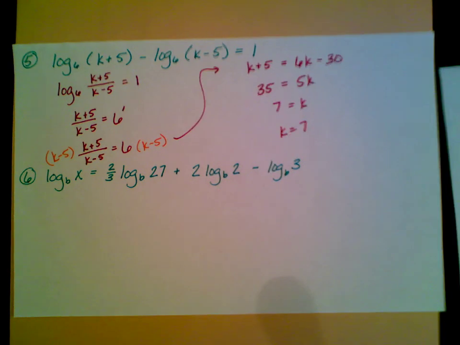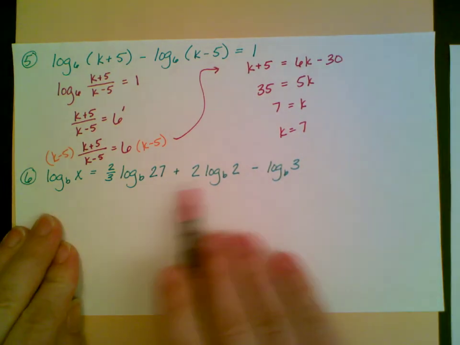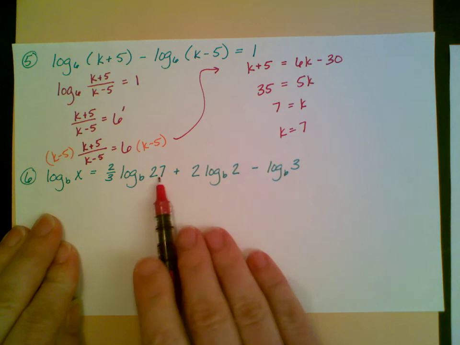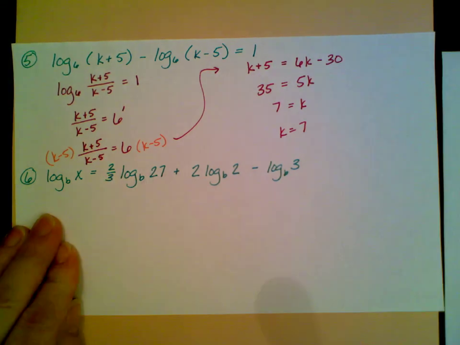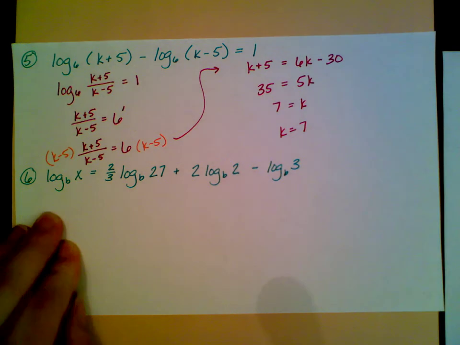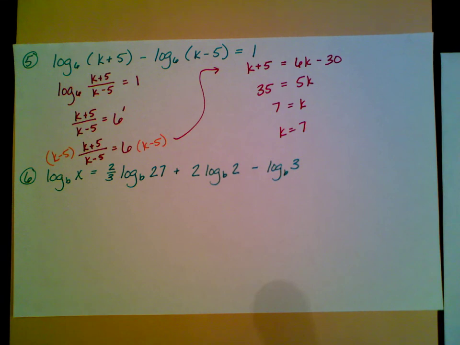And now, number 6. Notice that every single thing is either part of the input to or multiplied by a logarithm. So the process for number 6 is going to be more similar to the process for number 1.